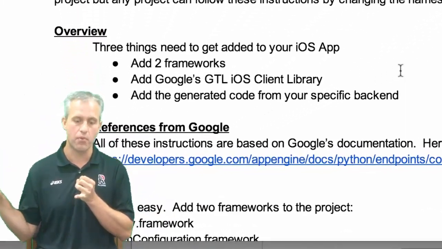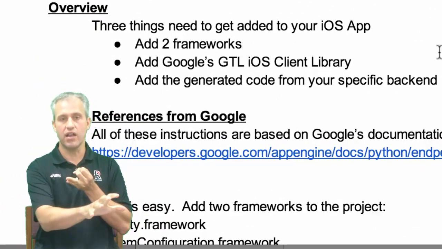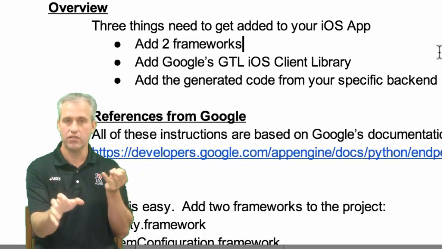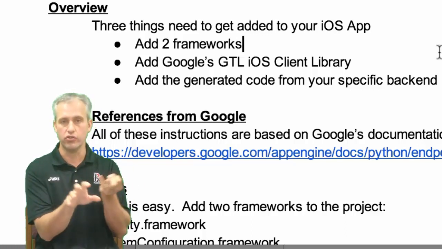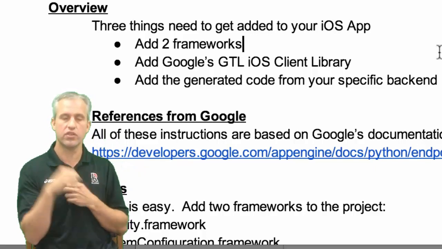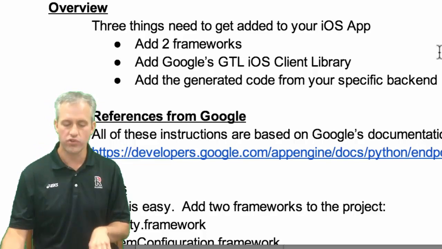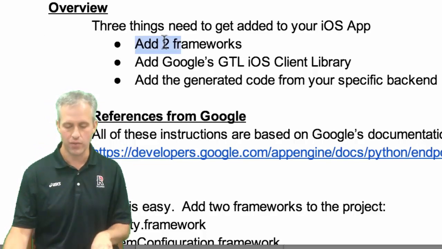These are some things that Apple made for us. We have to add Google's client library that you just always need, no matter what endpoints you're using, you just need their client code. And then we need the movie quote specific code. So these are the three things that we're going to focus on. In this video, we're just going to do the first one. We're going to add two frameworks.